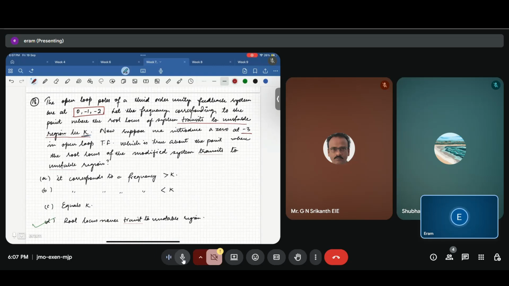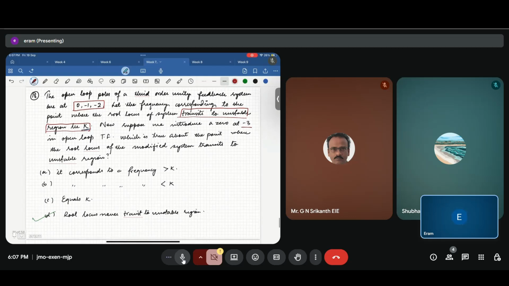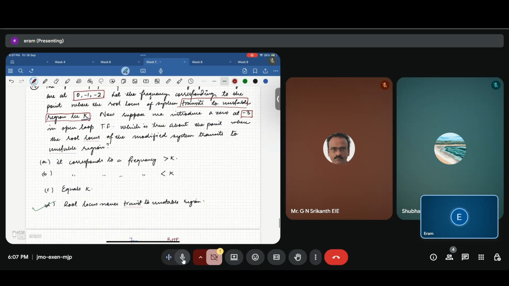Okay, and it was given that the root locus of the system transits to the unstable region at some frequency, and then we introduced a 0 at -3 in the open loop transfer function. And then we have to identify the correct option.